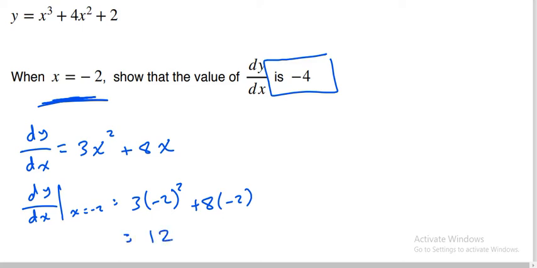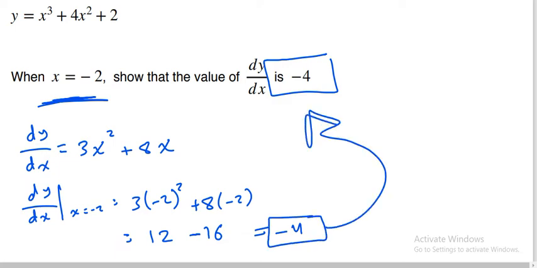Here it will be 12 minus 16 equal negative 4. We solved and found the answer, it's negative 4, the same as it's written in the question. So this is the difference between the question find the value or show that. Show that, we know the final answer before solving. Find the value, we don't know exactly what the final answer of the question is.